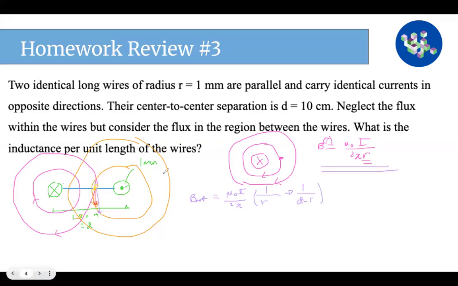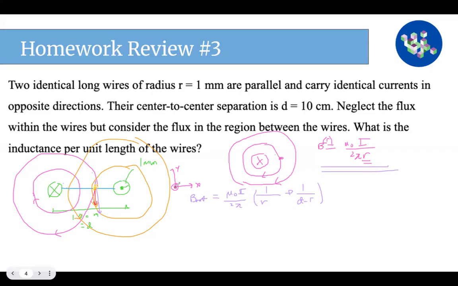So I want to find the flux. Well, the total field is pointing downwards, meaning that if I want to find an area to find the flux through, I'll set up the coordinate system so this is the x direction, this is my y direction, and into the screen will be my z direction.